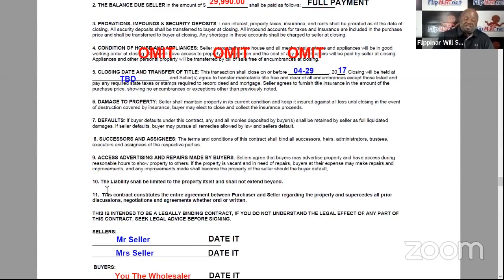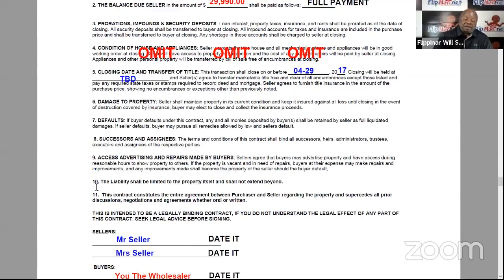So people always ask you about the get out of contract clause or get out of jail clause. In reality, them keeping the earnest money handles that for you for the most part. But the guy that substituted in the class where my friend and his wife were going to school to become realtors, he offered this particular verbiage here.